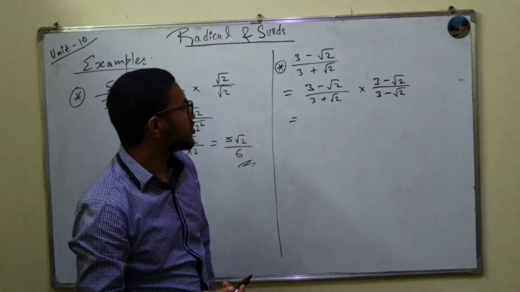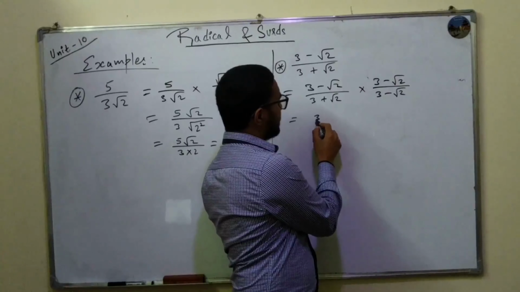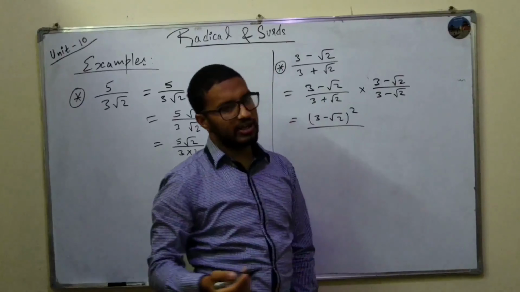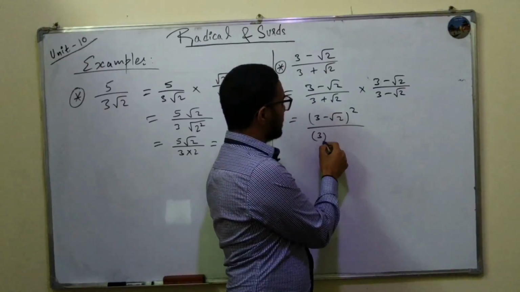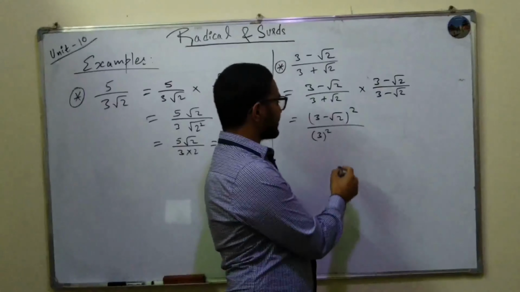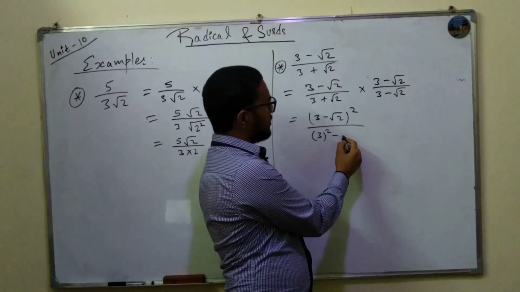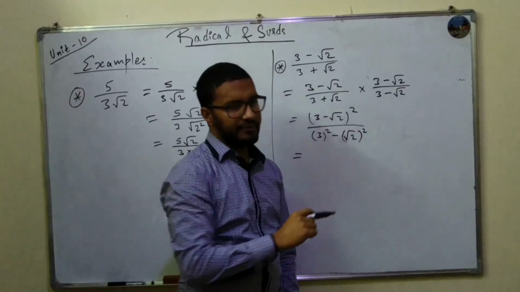When we multiply this, how much shall we get? This will be 3 minus under root 2 whole square. Again, just use that formula. I can write it in the form of a square minus 2ab plus b square, right?